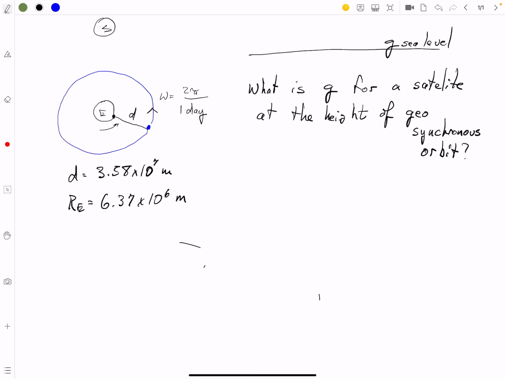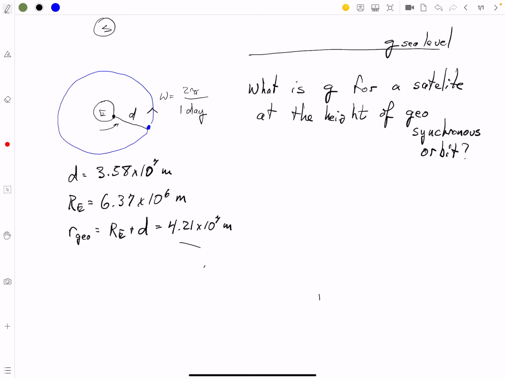Okay, so here's the radius of the Earth. So our r geo is equal to 4.21 times 10 to the 7 meters. All right.